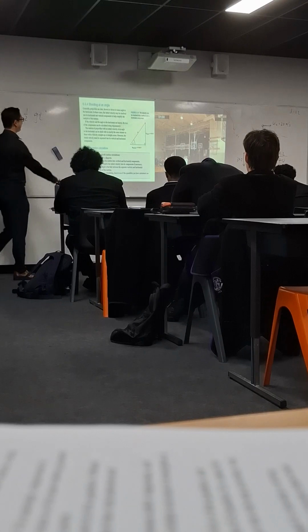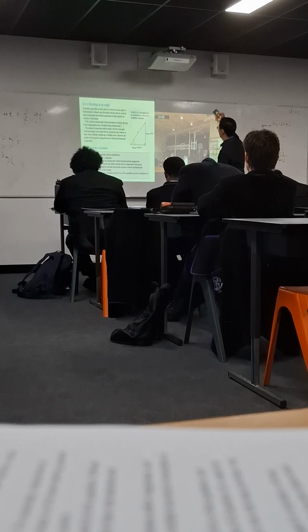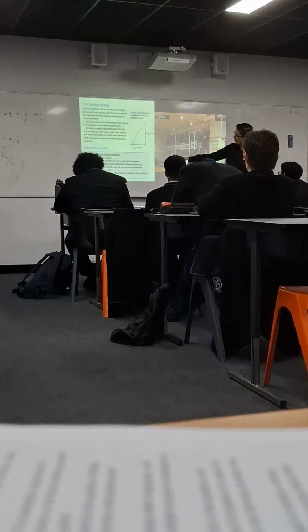Okay, shooting at a certain angle. And these are the type of questions that usually come out in section B. So when the projectile is fired, it is not horizontal nor vertical. It goes with a certain angle.